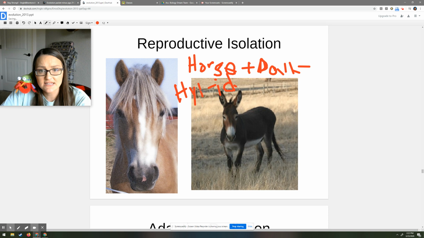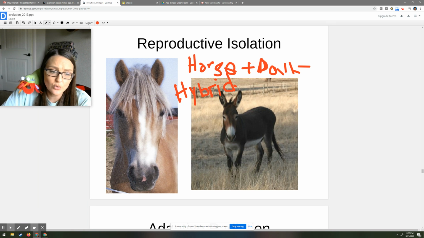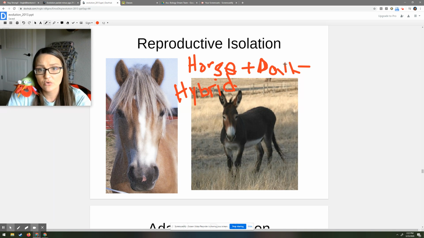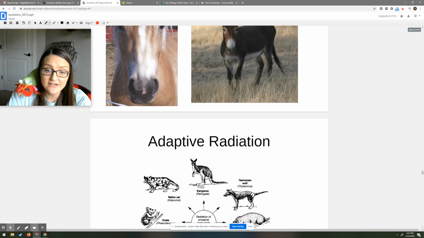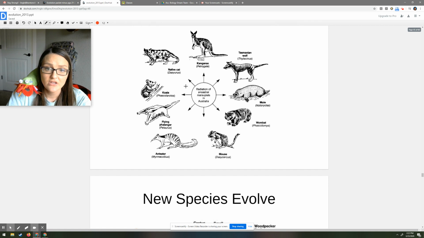It is born sterile. And so there are no mule to mule babies. You cannot mate two mules with one another. They are born infertile regardless of gender. So in order to get a mule, you have to mate a horse and a donkey every time. And so they are reproductively isolated, even though they're very similar as organisms.